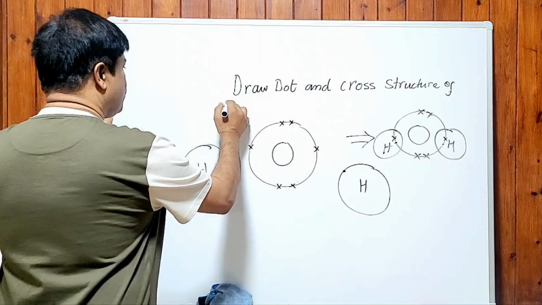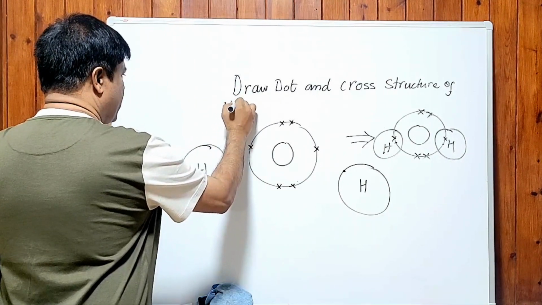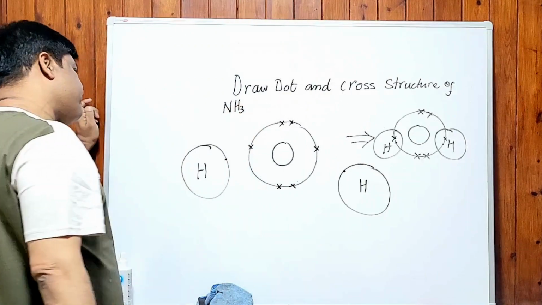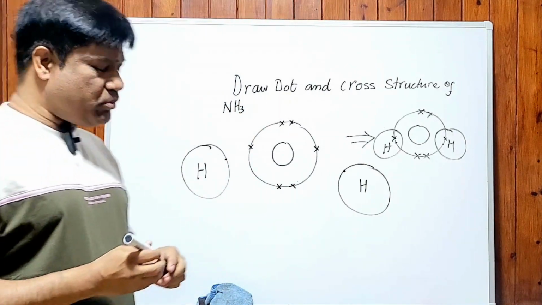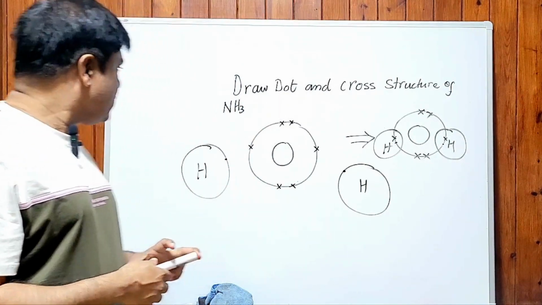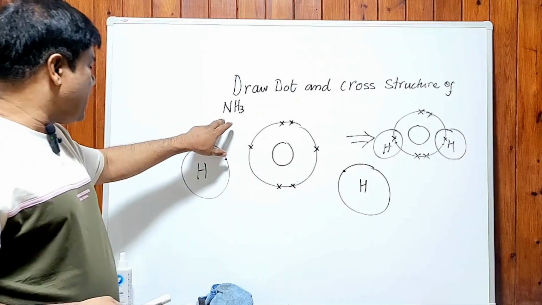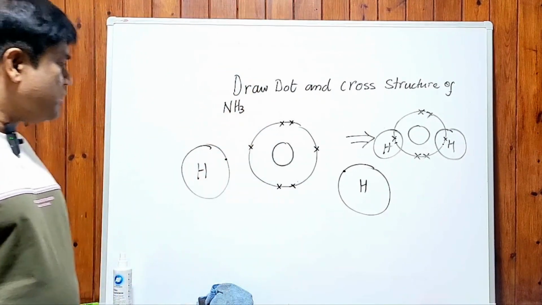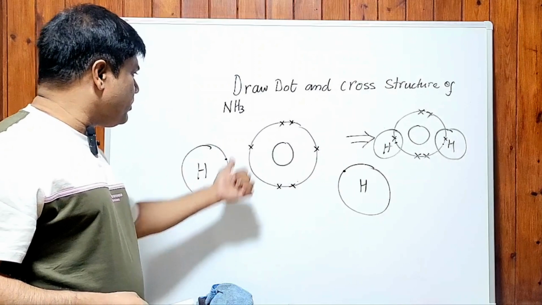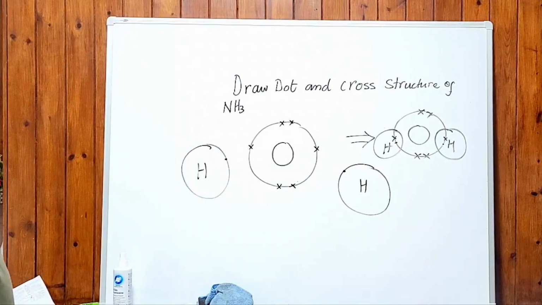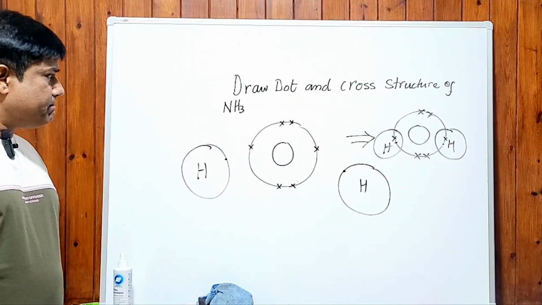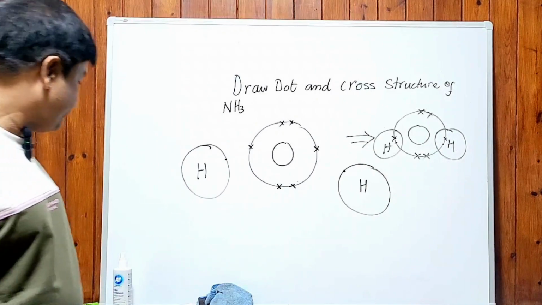Now draw the dot and cross structure of NH3, ammonia. We know that nitrogen has 5 valence electrons because nitrogen comes from group 5. Okay, do you want to try it?